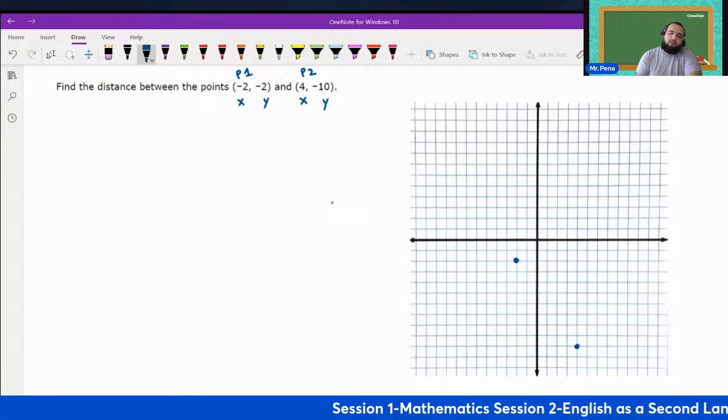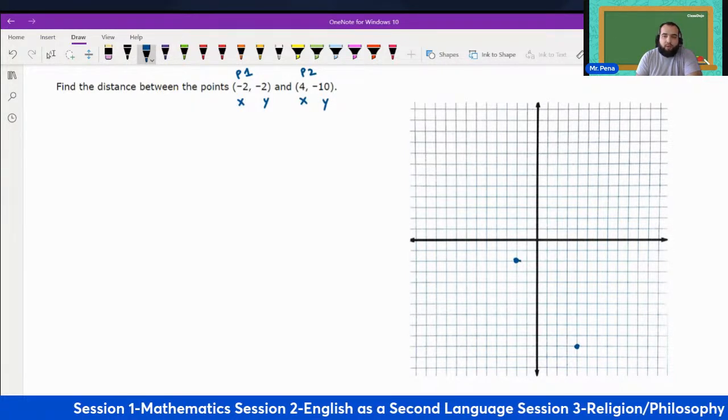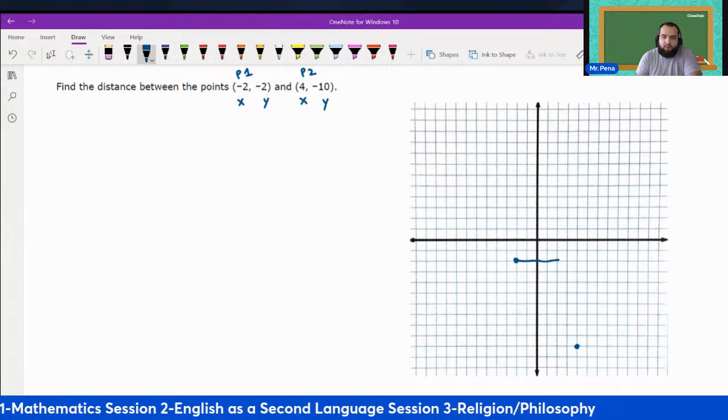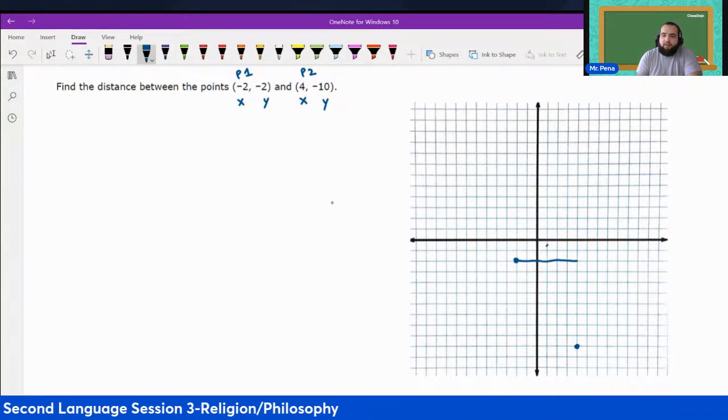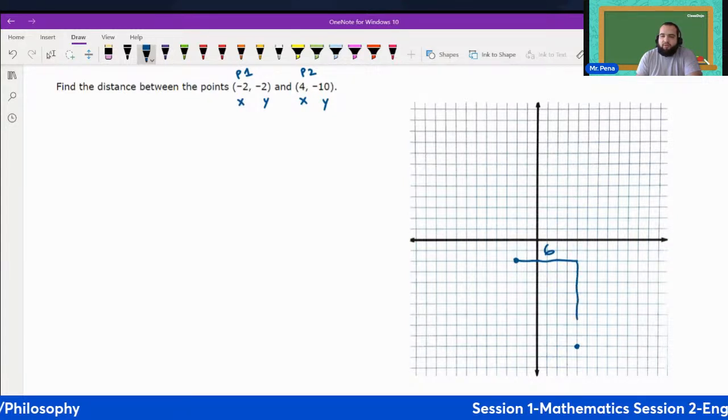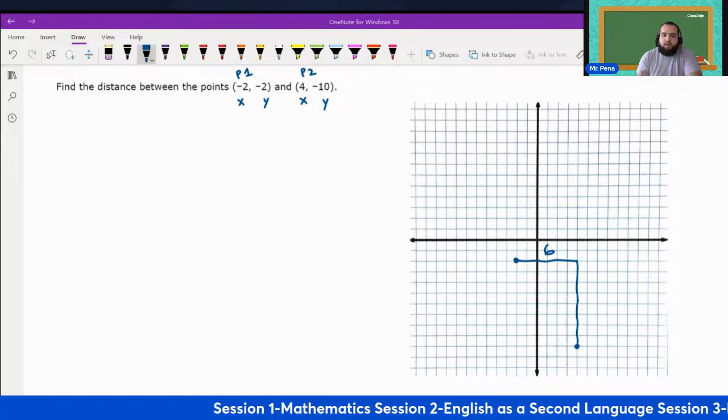Now we don't have to draw a straight line to start with. We go 1, 2, 3, 4, 5, 6. So that's 6 units. And we also go 1, 2, 3, 4, 5, 6, 7, 8. That's 8 units.